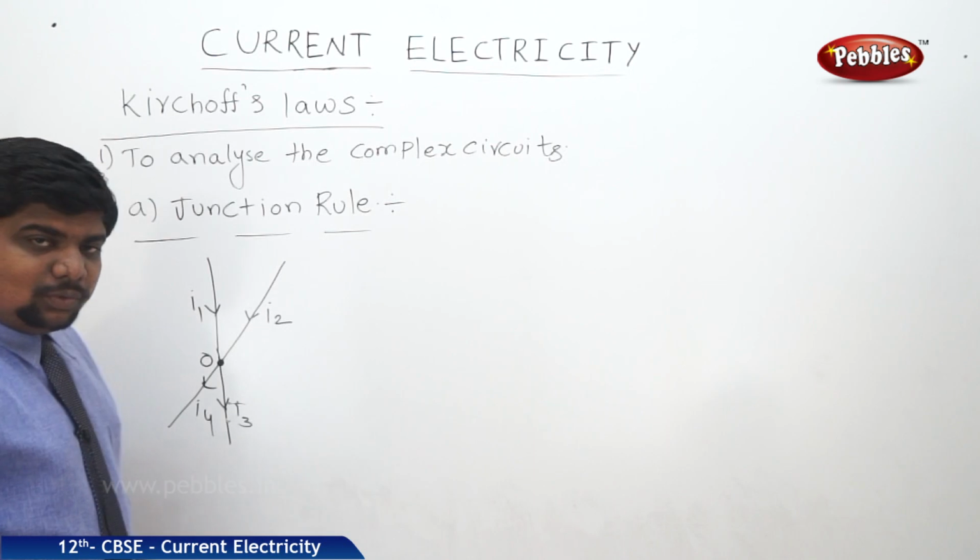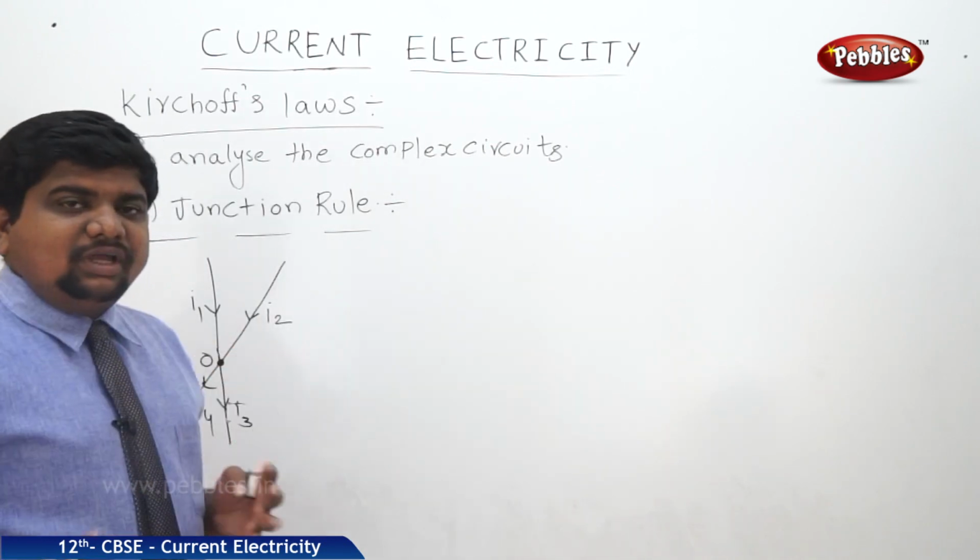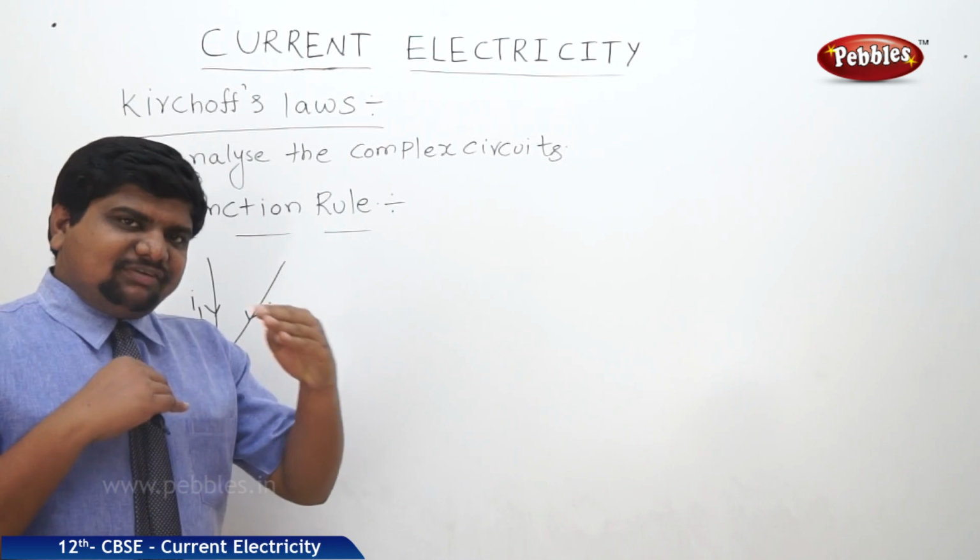So what is the junction rule in Kirchhoff's laws? Now we are making a complex circuit in the form of a junction.